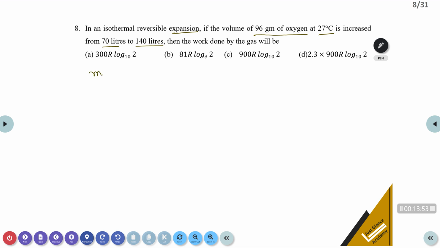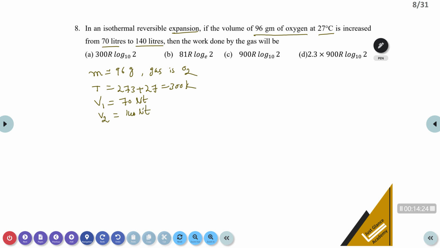Here, mass equals 96 grams, the gas is oxygen. Temperature equals 273 plus 27, equals 300 Kelvin. Volume V1 equals 70 liters, V2 equals 140 liters, so the volume is doubled.